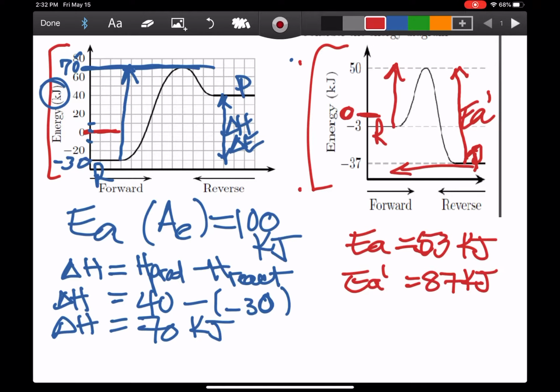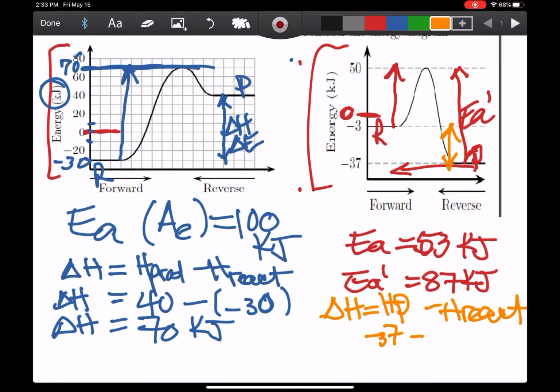And keep in mind, let's say they asked you to find something like delta E or delta H. Delta E forward and delta E reverse. Remember, they're the same amount of energy. So again, for delta H or delta E, you would be going products minus reactants. So the products here are -37 minus the reactants, which are -3.